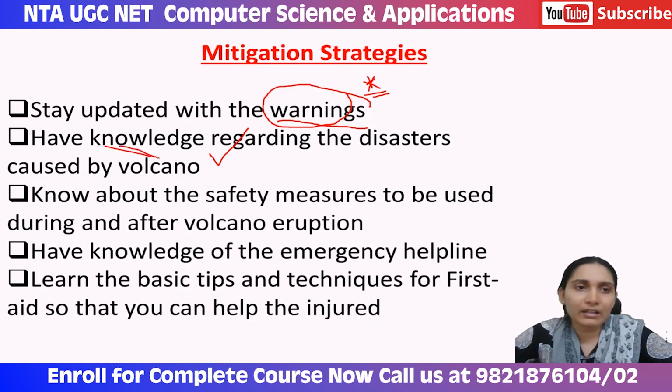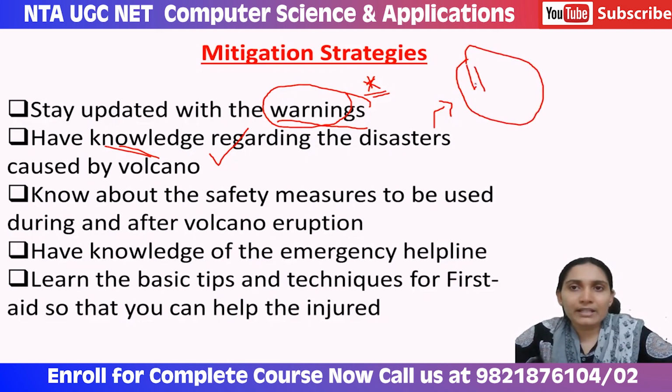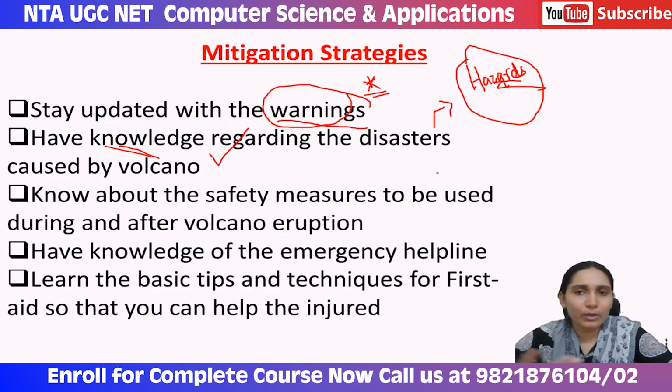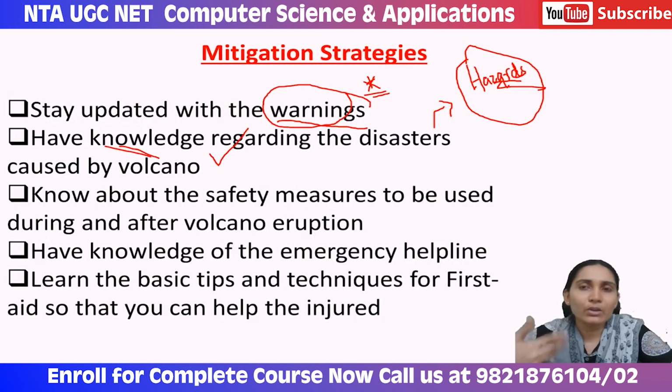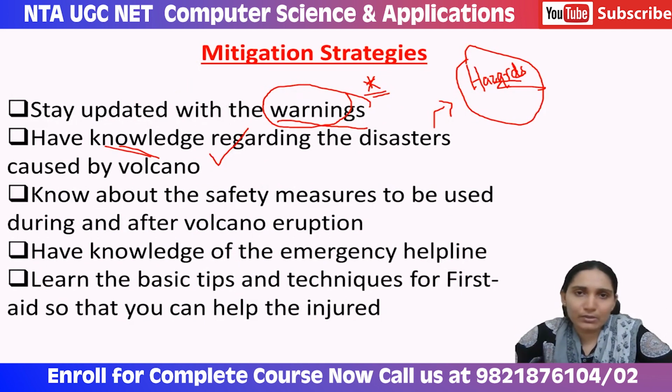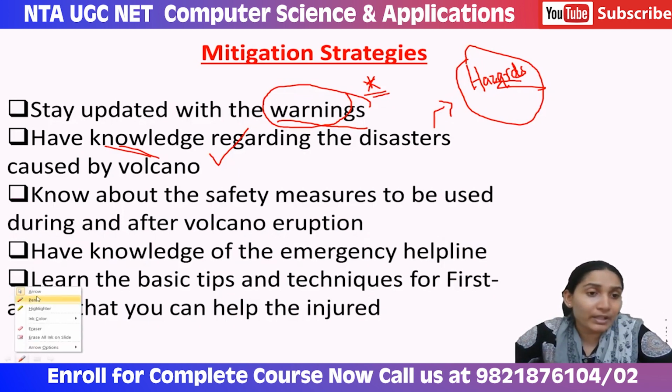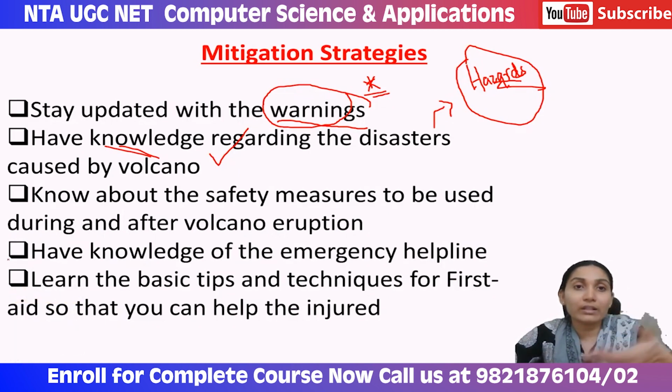Most of the time volcanoes are only hazards, because lesser impacts are caused on human beings, as volcanoes happen on a mountain or a hill where the population is very less. But it's important that we take care not to turn it into a disaster.